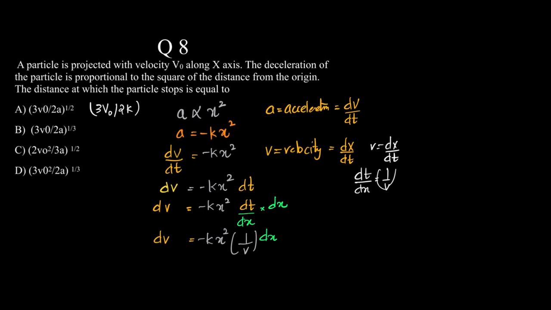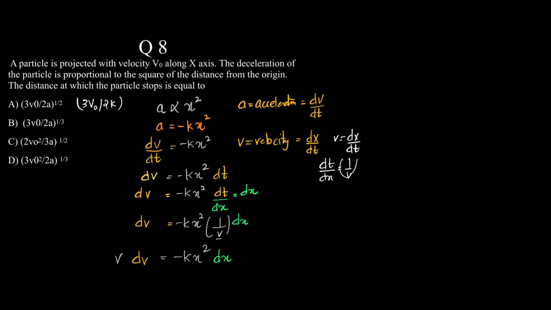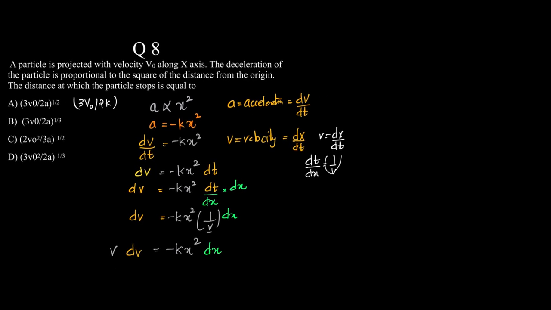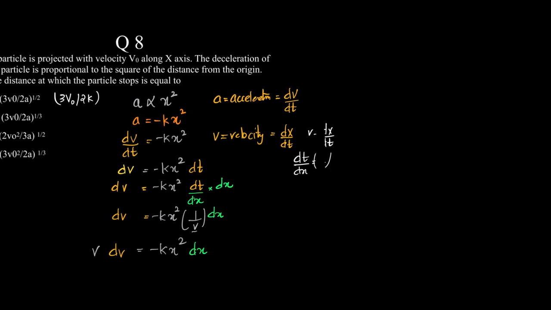Taking this derivation further, I can write that dv is equal to minus k x square into dx, and this time I'll bring this v to the LHS. So we have v dv is equal to minus k x square into dx. All right. Now I'll rewrite this equation again. Okay, we don't need this part now.